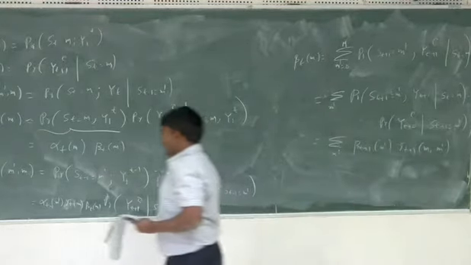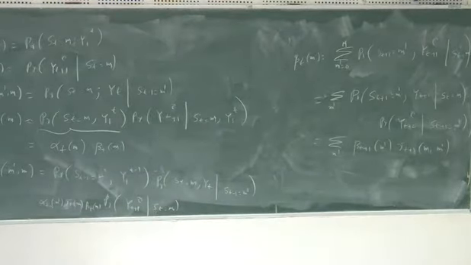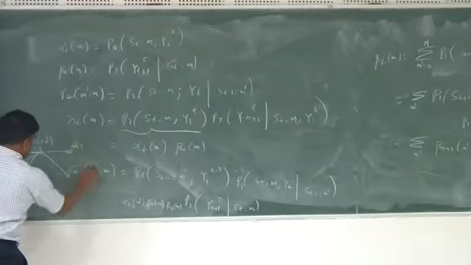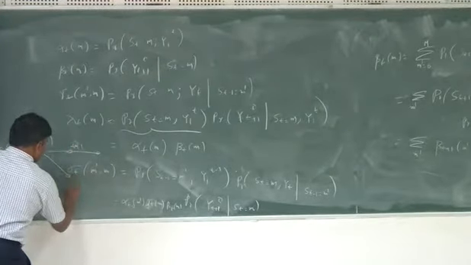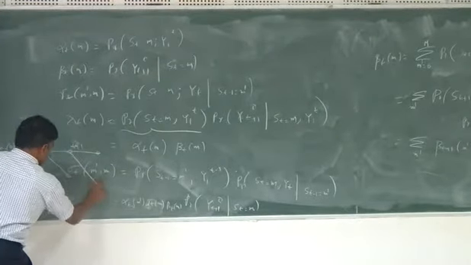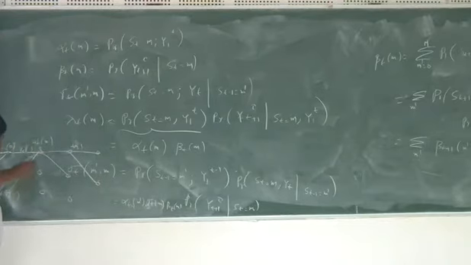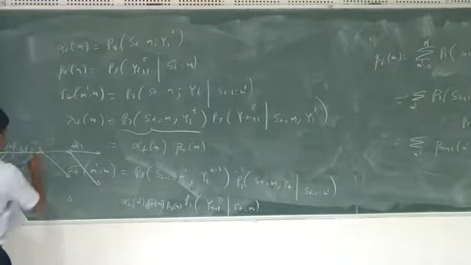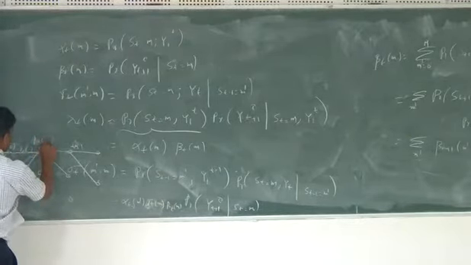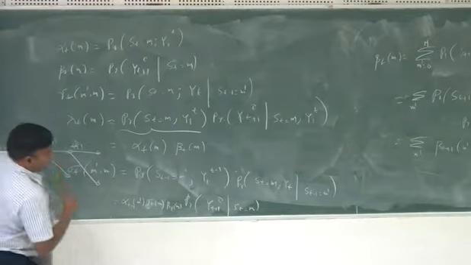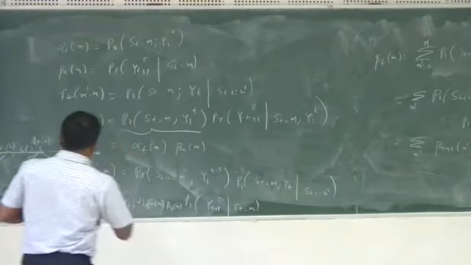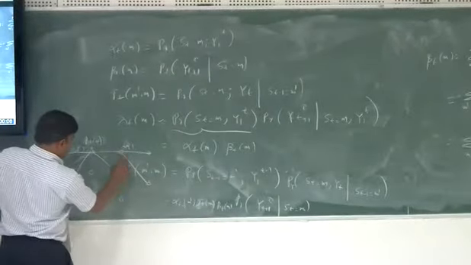So what does this mean? Here at t minus 1, this is t, this is t plus 1. Okay. We want beta t of m here, okay? So we want beta t of m, and let us say we already know beta t plus 1 of m prime here, okay?